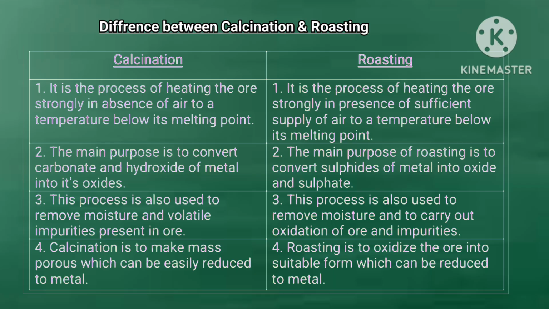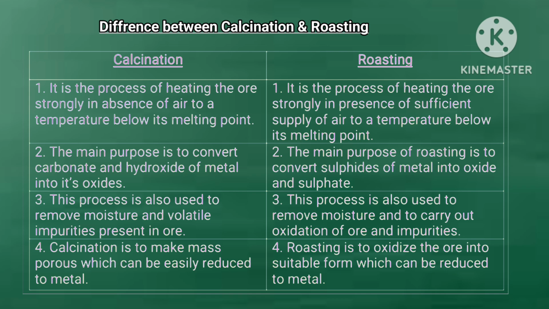Now see what happens in the case of the roasting process. It is the process of heating the ore strongly. Both processes heat the ore very strongly, but here it is in the presence of a sufficient supply of air, to a temperature below its melting point.